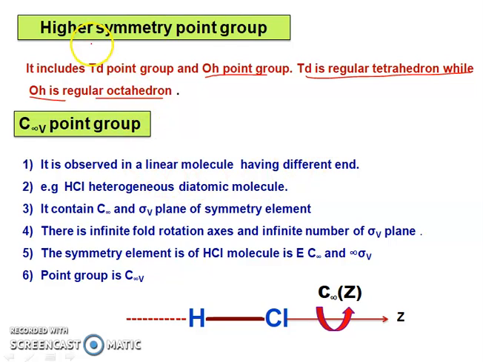Now we will see the point groups one by one. The first point group we will see is the C infinity v point group. The C infinity v point group includes these points.